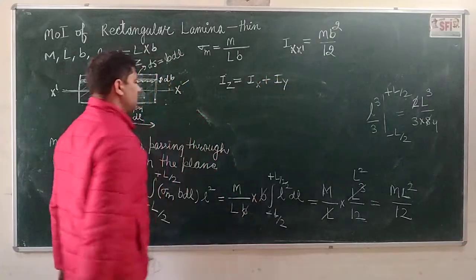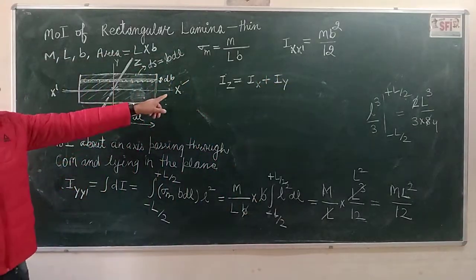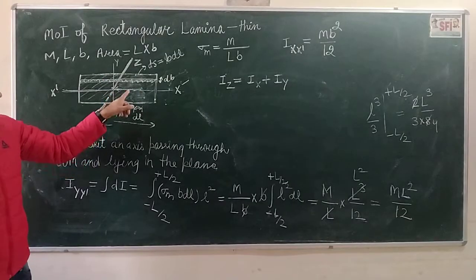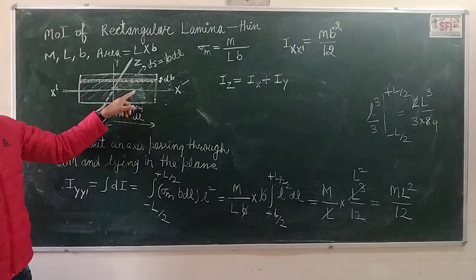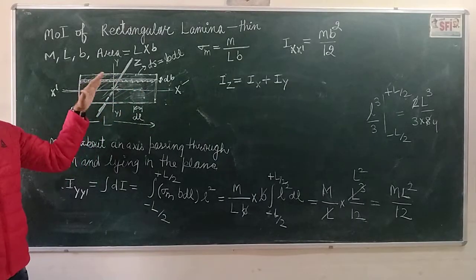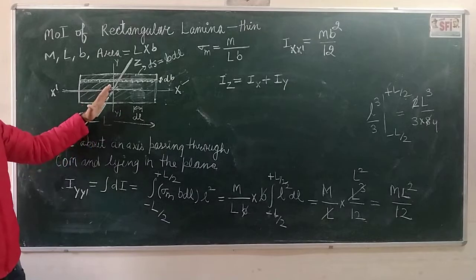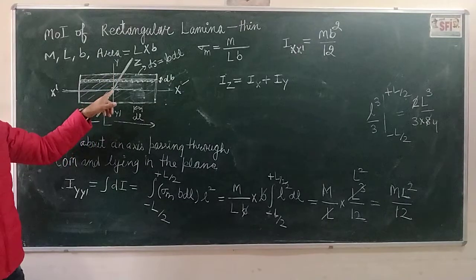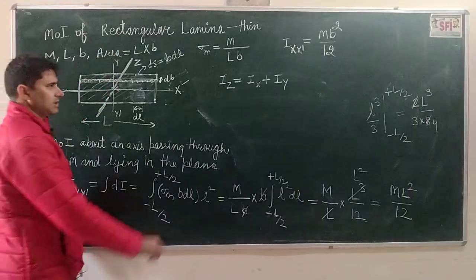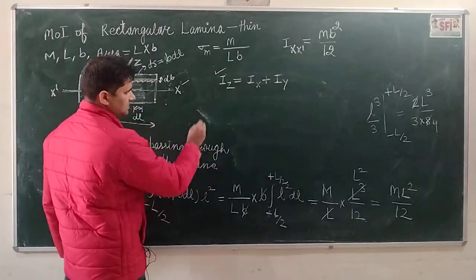Why? Because you can see x and y axes are passing through the center of mass, so the sum of the moments of inertia about the x-axis and y-axis will give you the moment of inertia about an axis which is perpendicular to the plane of the rectangular lamina, and that is given by this relation.